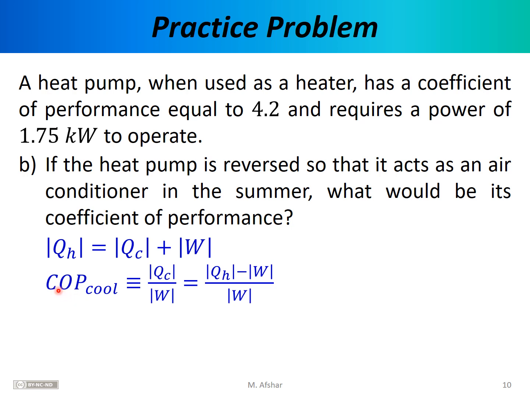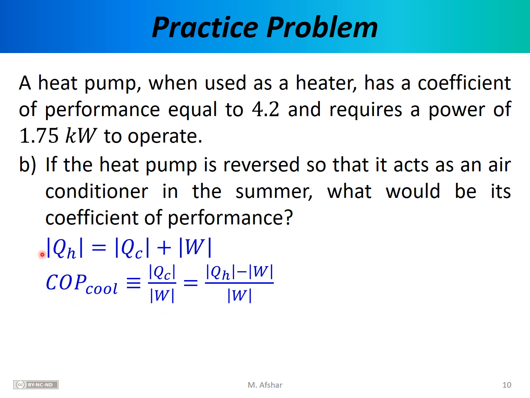Now also recall that the coefficient of performance for a heat pump in cooling mode is defined as QC over W. Recall that in cooling mode, the thing we want to maximize, the good stuff, is QC, and the thing that we want to minimize, the thing that costs us money, is W. So the coefficient of performance in cooling mode is defined as QC over W.